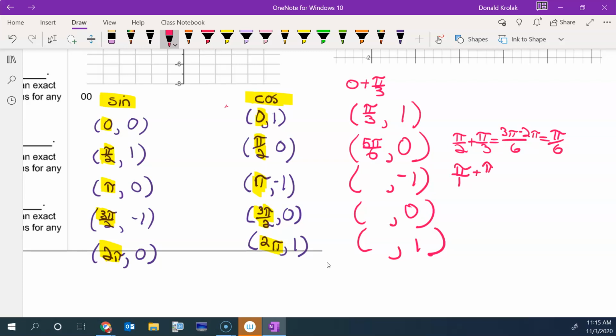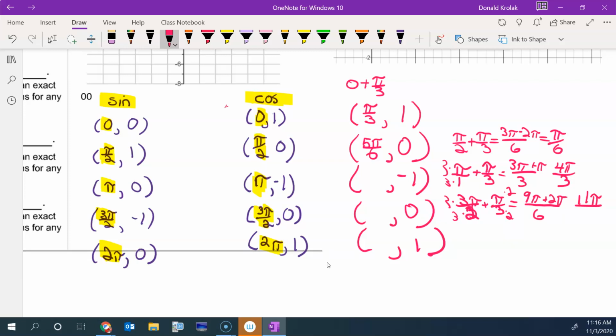Add pi over 3. 4 pi, add pi over 3. That one's 11 pi over 6.